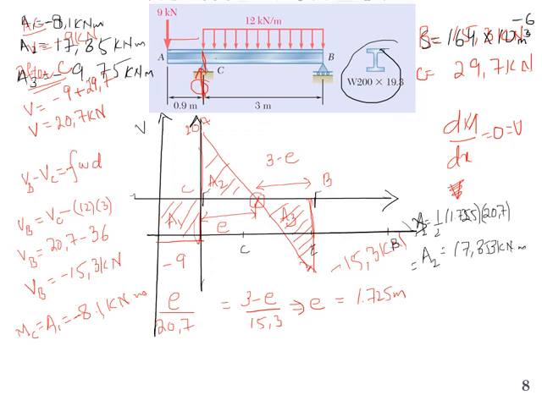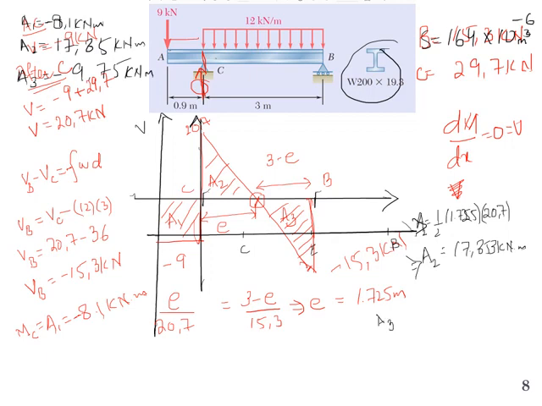And with this value of A2, we can calculate the moment at E, and obviously the moment at B should be equal to 0. So let's calculate the area for this one and we will see what the moment at B will be.